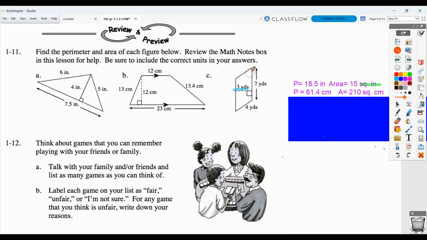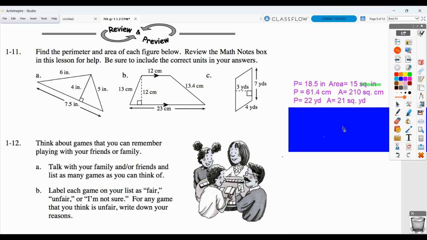So we would use 7 as our base, even though it's on the side, and 3 as our perpendicular height. Remember, these shapes could be turned, so the base can be, like in this case, along the side. So for answers there, you should get 22 yards for the perimeter, and then 7 times 3 gives you 21 square yards for the area.